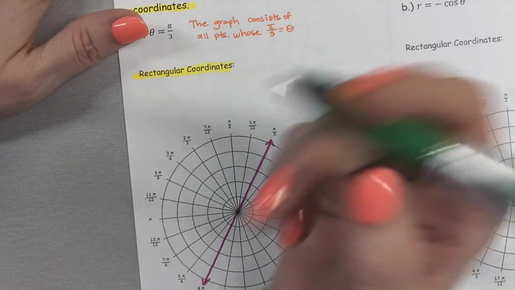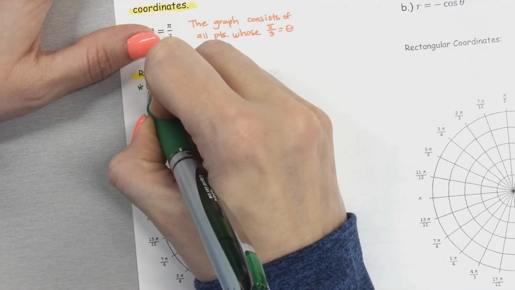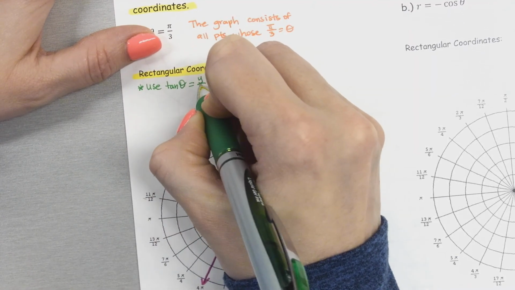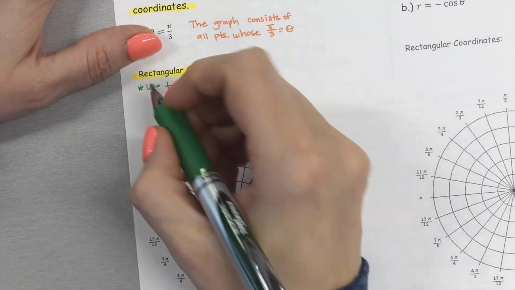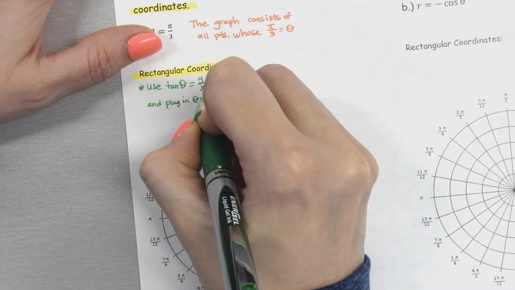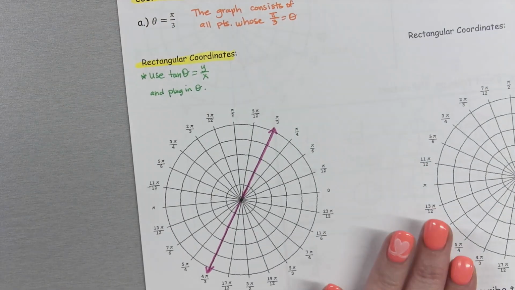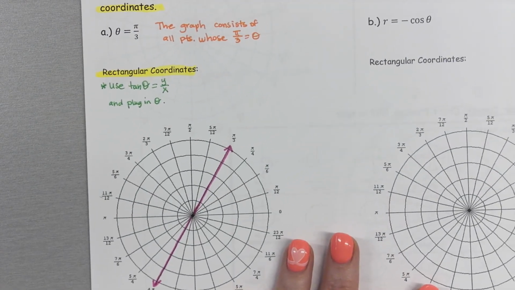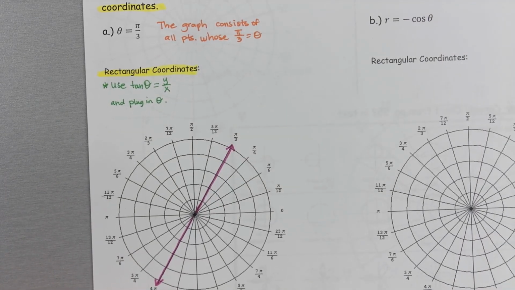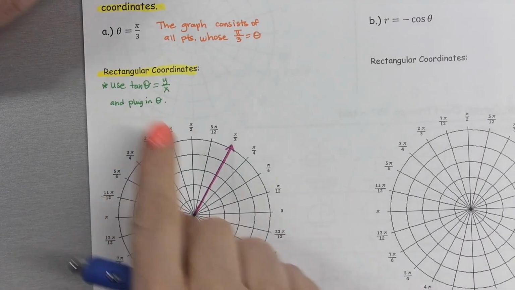Now to get there, we're going to use the tangent of theta equals y over x. And you're going to plug in theta because that's what's given to you. Okay, so we're using those same formulas that we talked about in 8.1.